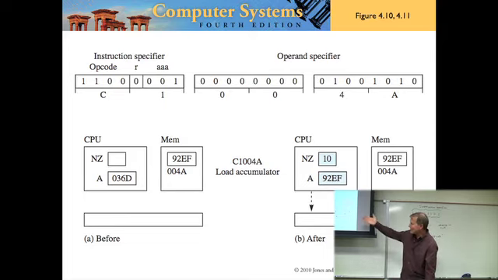It will go to that location in memory and take the data from that location. Where will that data go? Over the bus, into the accumulator. And what will happen to the original content of the accumulator? It'll be replaced. It's wiped out, gone forever.